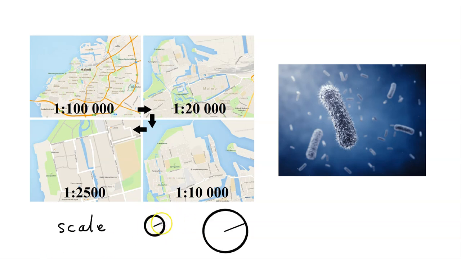For example, if you have two circles, and two circles are of course similar, let's say that the radius of one is 2 meters and the other one is 5 meters. Then the scale between these is 2 divided by 5, 0.4. So the scale between the figures is the ratio between two corresponding lengths in the two figures.